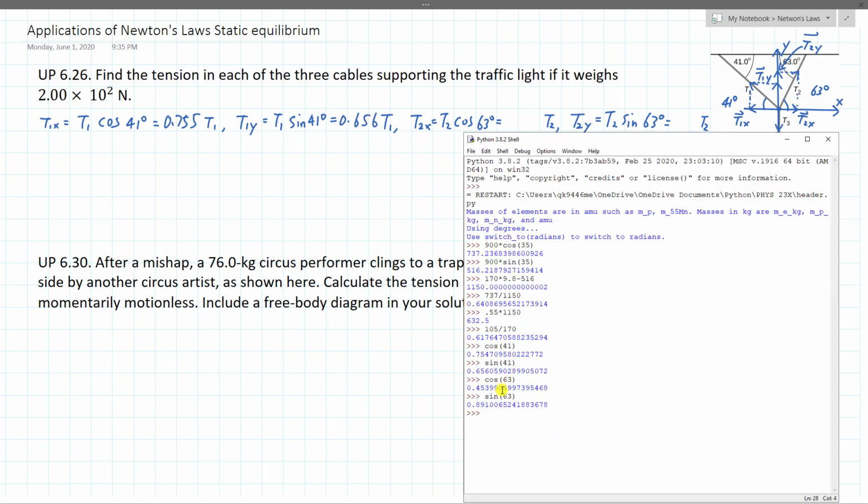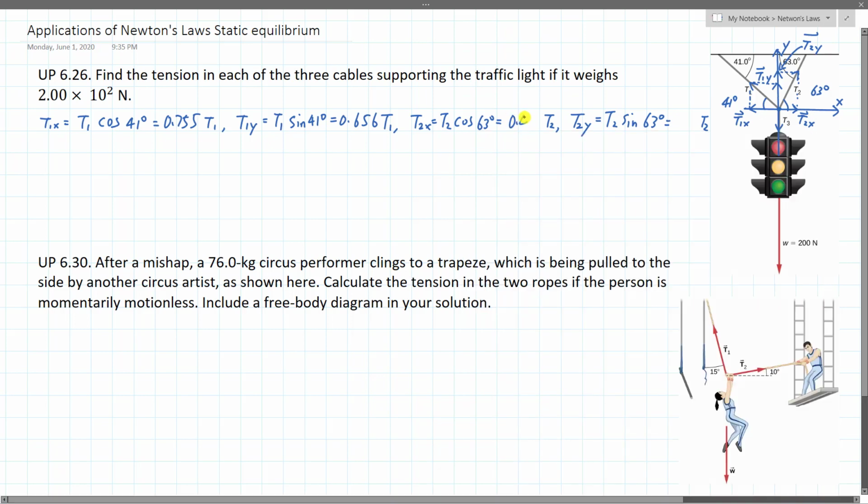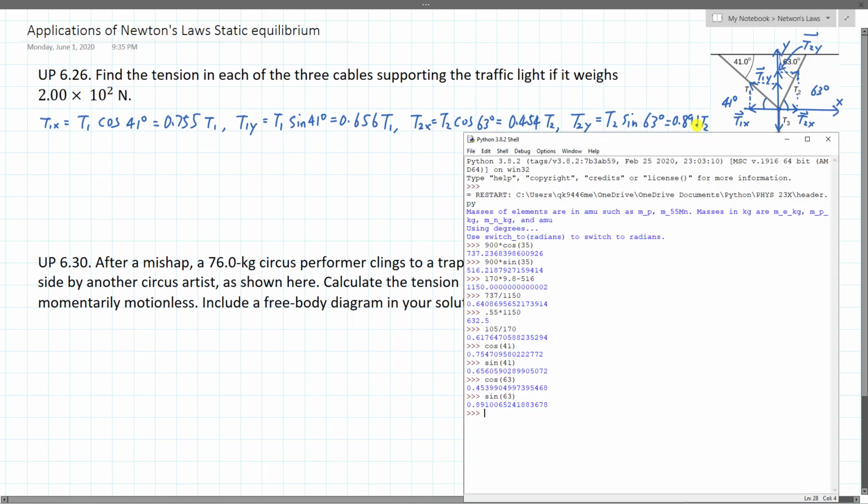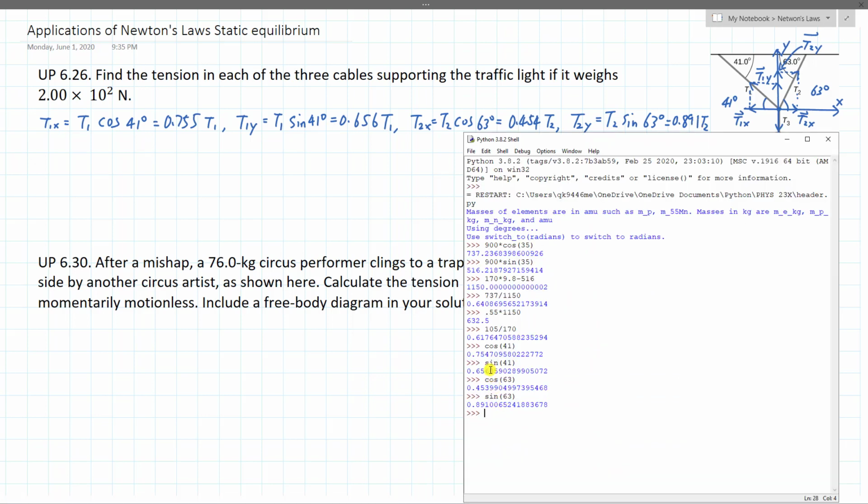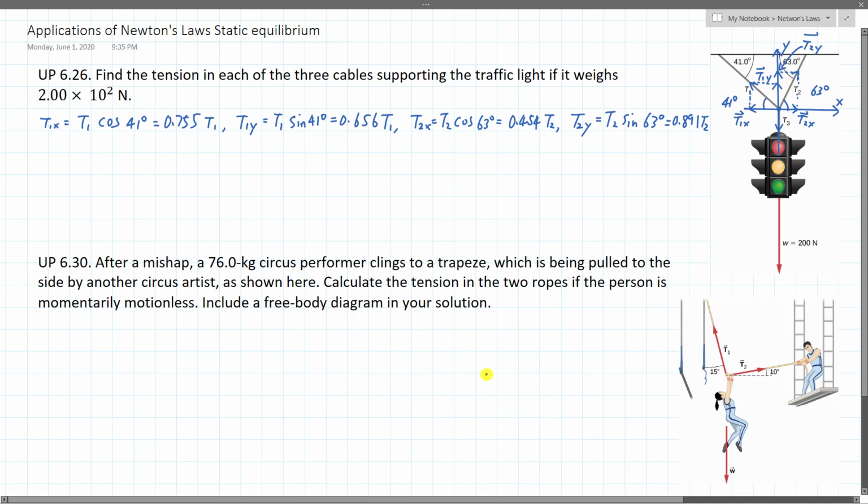For the 63 degree angle, cosine is 0.454 and sine is 0.891. Okay, let's check: 0.891, 0.454, 0.656, and 0.755. Okay, so we have all the components, although we don't have the tensions yet.